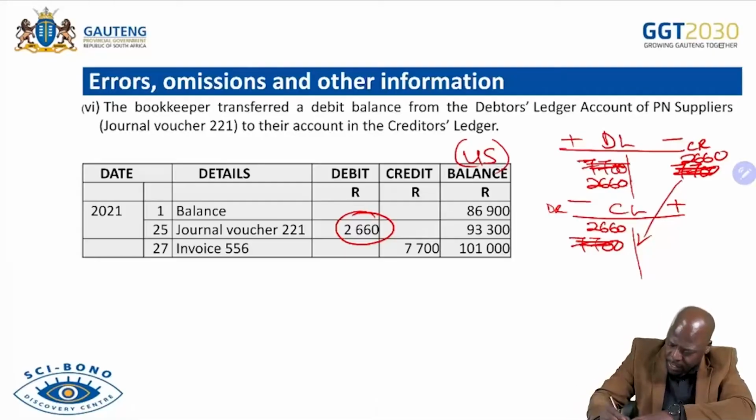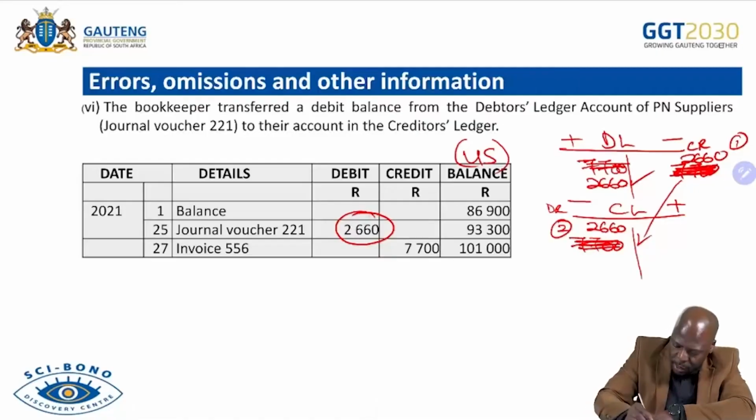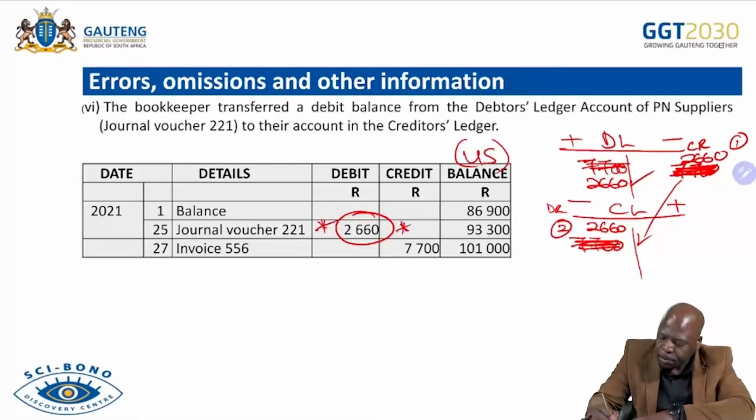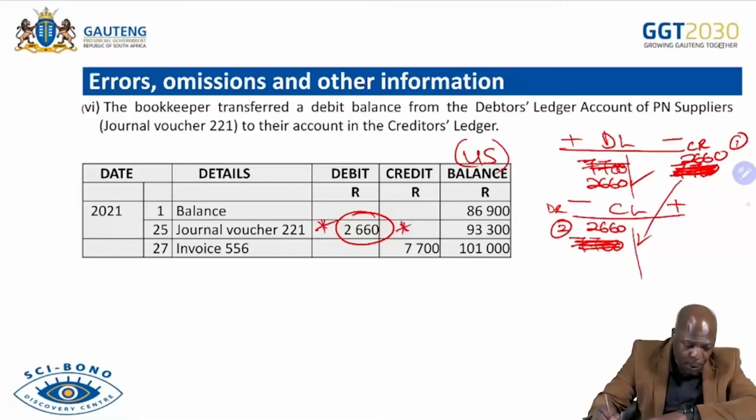So it is 2,660. So this becomes entry number 1. This becomes entry number 2. Remember, it is 2,660, not the 7.7. Okay. So once that happens, that means I'm coming now to my creditors reconciliation statement. And remember, as we did earlier on, we have to subtract 2,660.